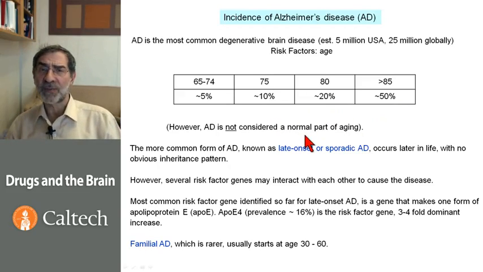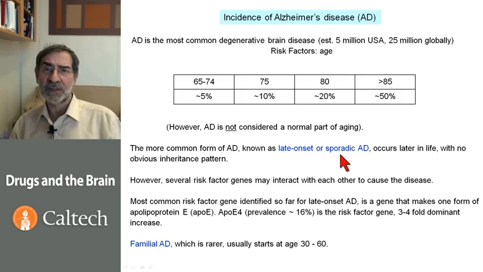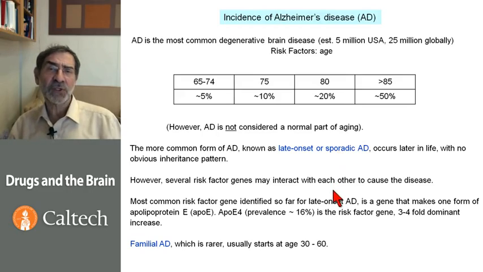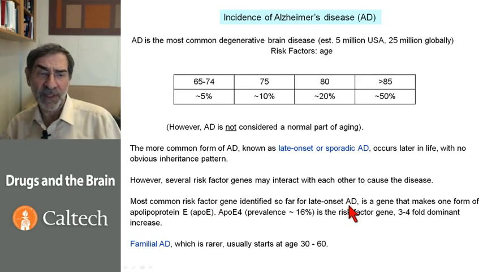It is a pathology. The more common form of Alzheimer's, also known as late onset or sporadic Alzheimer's disease, occurs fairly late in life, and there's no obvious inheritance pattern. Nonetheless, several genes may interact with each other to increase the risk of the disease. Certainly the most common risk factor gene identified so far for late onset Alzheimer's makes one form of apolipoprotein E, or ApoE.